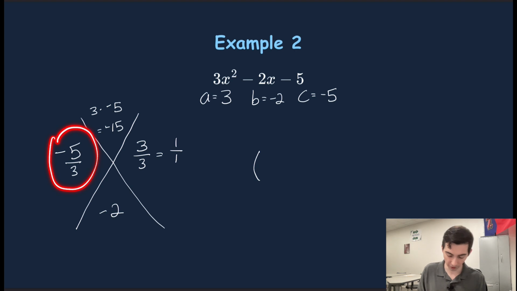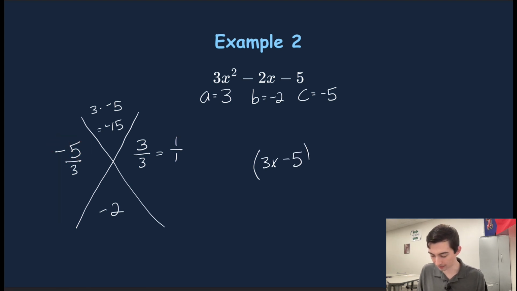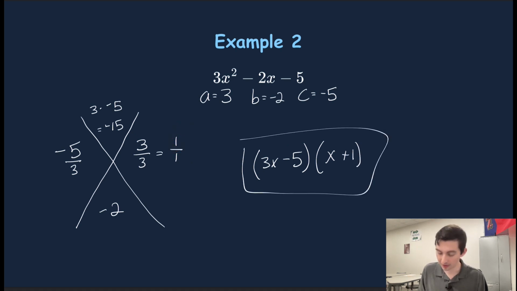So for this first fraction here, I'm going to have 3 x's, and then I've got a negative 5, so my first factor is 3x minus 5. For my second factor, I have 1x, and then just a positive 1, so my second factor is x plus 1. So this would be my factored form of this quadratic.